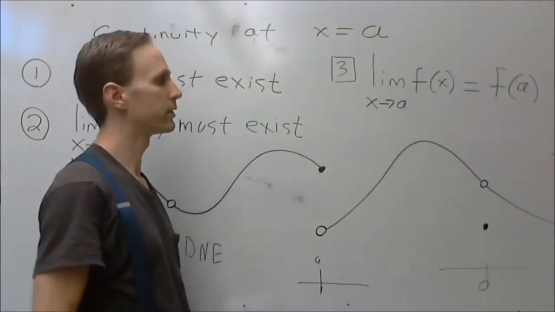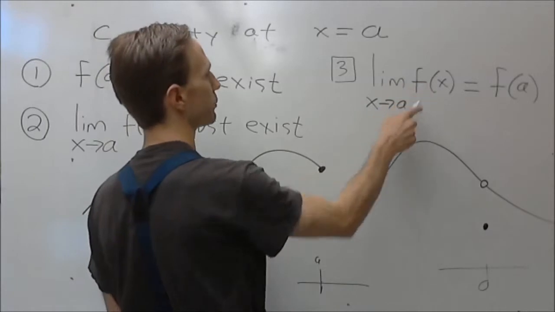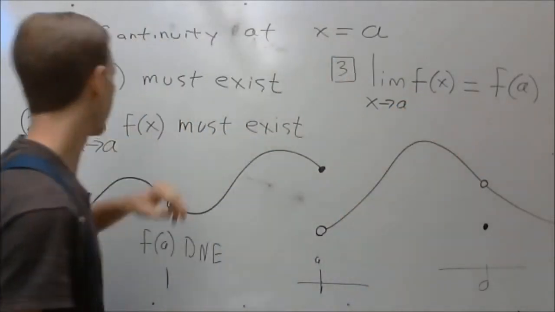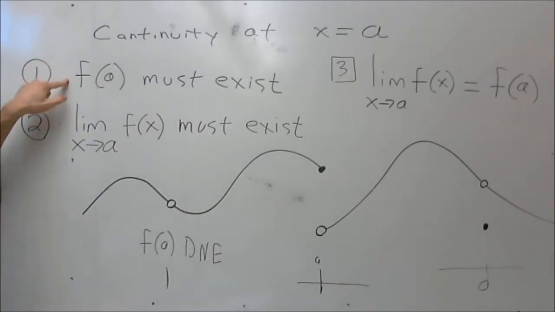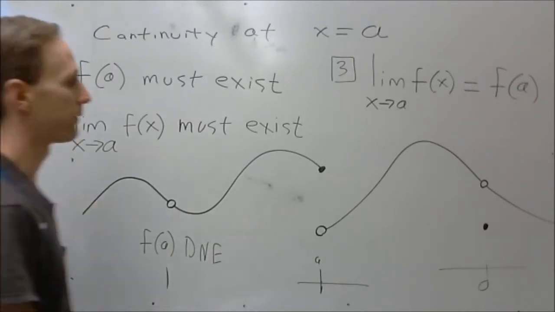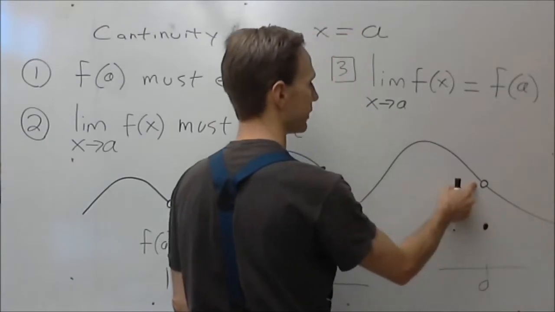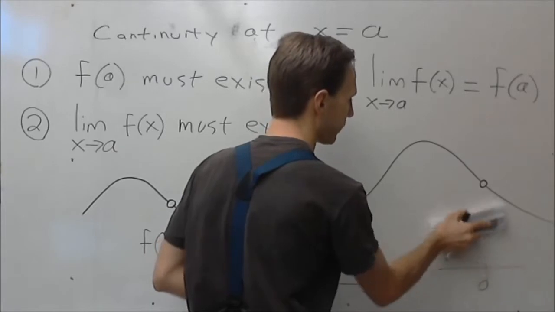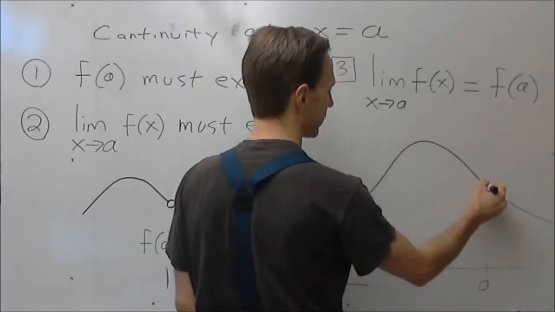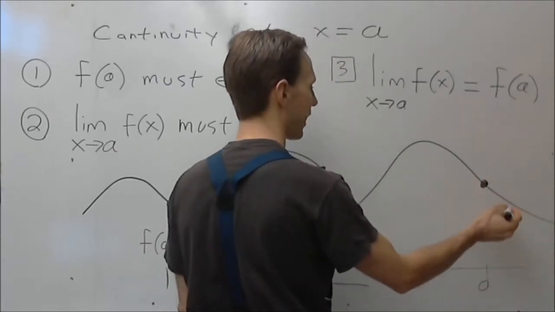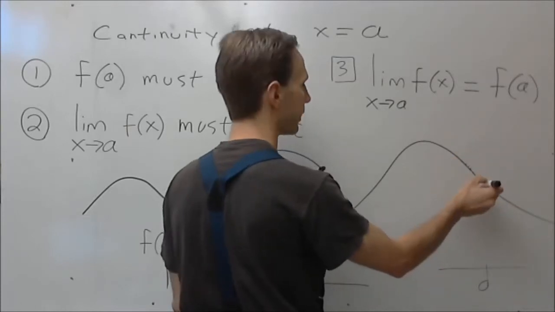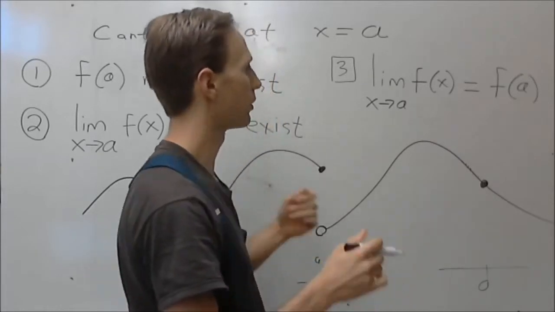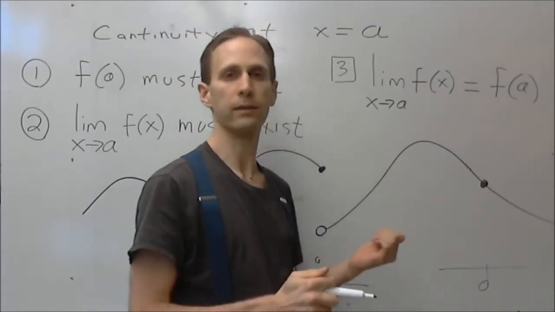And the third condition is that the limit as x approaches a of the function must equal f of a. I abbreviate that by saying that these two answers must be the same number, right? That's like this one here. The limit exists and the function exists, but they're not the same number. If you fill this dot in, which is the case at every other point along this curve, then and only then you have continuity at that point.